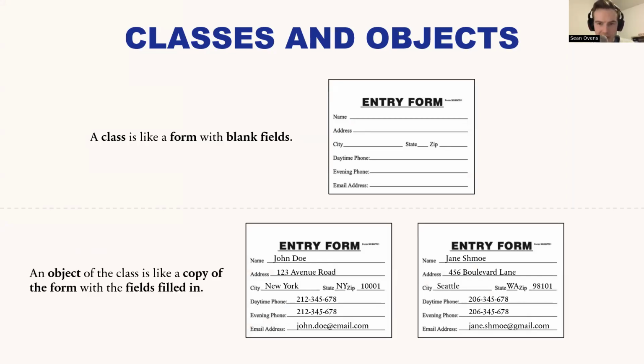Whereas an object is like a copy of that form with all of the fields filled in. There can be many different copies of a single form, and we can fill in the fields however we like on each copy. Another analogy that I've heard a lot is that classes are like blueprints for building a house, whereas objects are like the actual houses that are built using those blueprints.